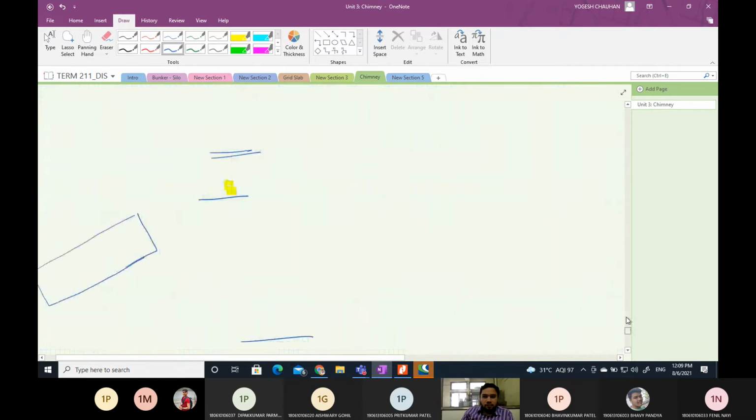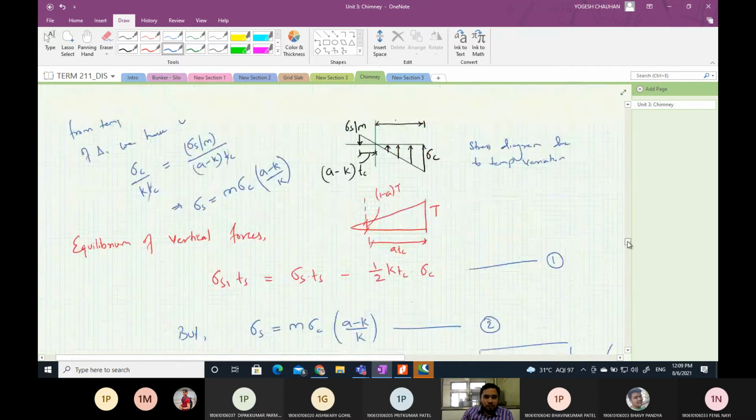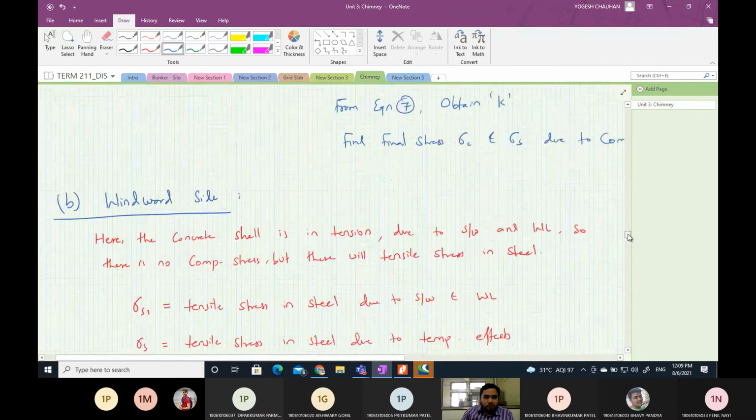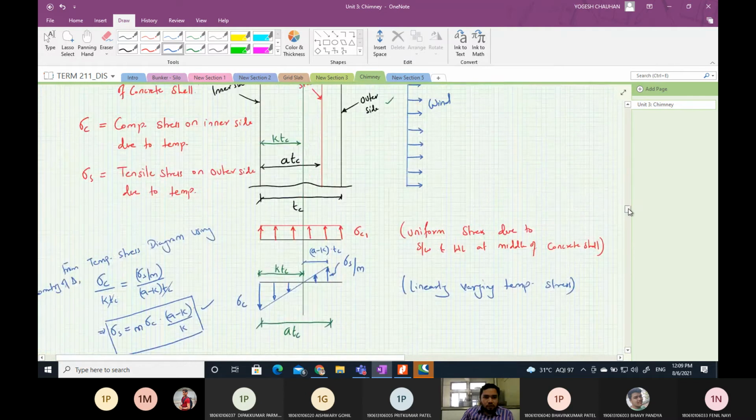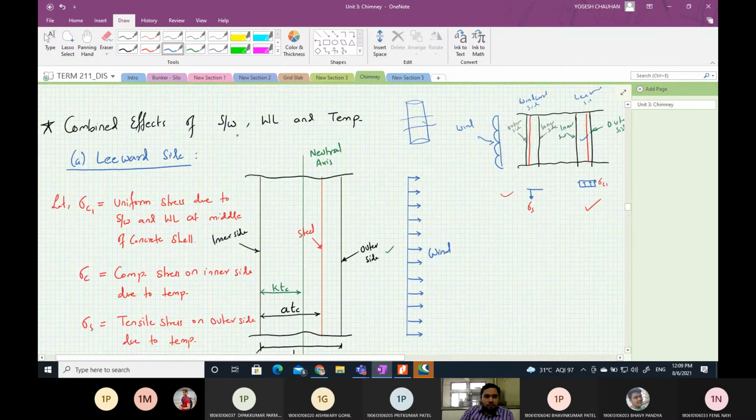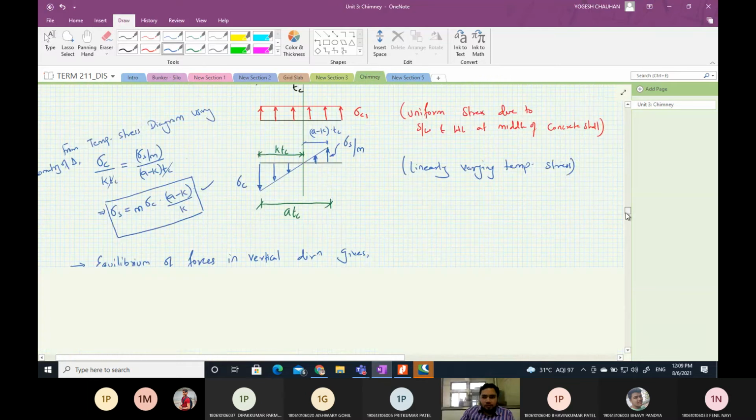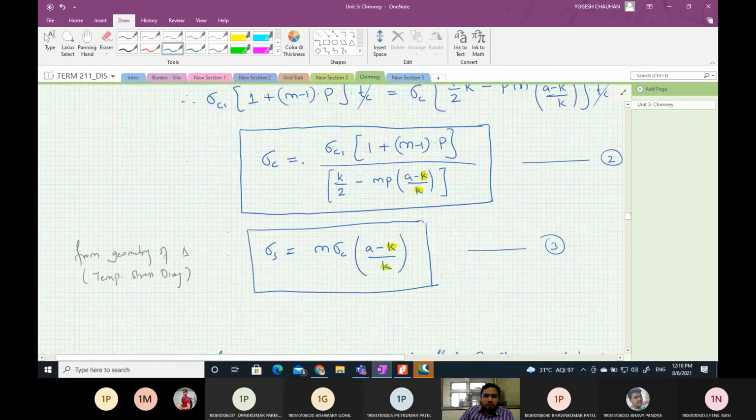So using the equation we have derived in our theory class, the combined effects of sulfate, wind load and temperature, in the leeward case. On the leeward side, we have derived sigma C is equal to sigma C1, which is the uniform stress due to sulfate and wind load, already calculated in our earlier calculation, into 1 plus m minus 1 p divided by k square by 2 minus m p a minus k.